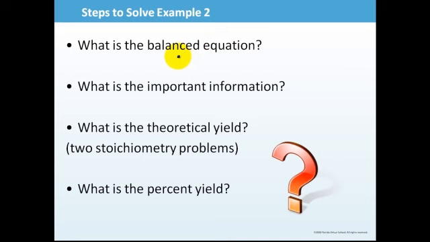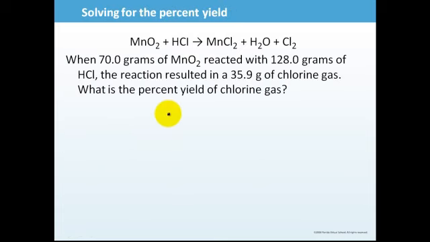Again, our steps, we need to write the balanced equation. We need to pull out the important information, which we just talked a little bit about. We need to figure out the theoretical yield, and then finally the percent yield. Okay, so here's the same problem again. First thing we need to do is balance. 1 Mn on the left, 1 on the right, the manganese.